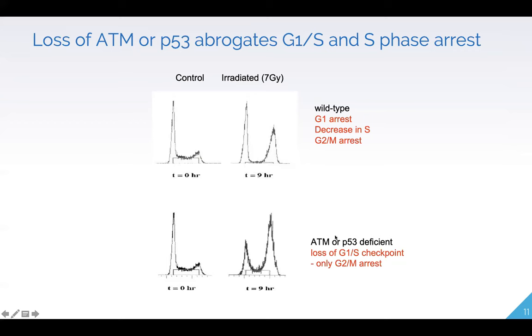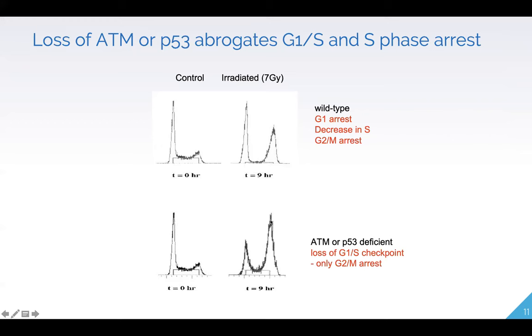In cells that are deficient of p53 or ATM, they're not able to respond to the DNA damage appropriately, and they'll lose the ability to arrest in S-phase. So you can see that you still have some cells that are in S-phase, as well as cells that are already in G1, they continue to progress into S-phase, and that's why this peak is lower than that peak.